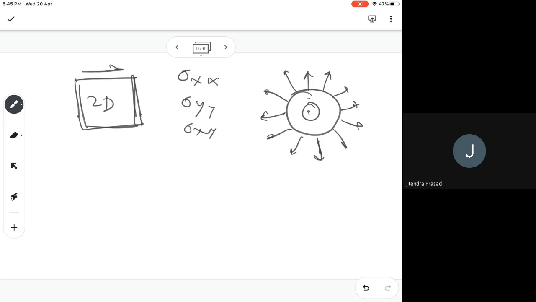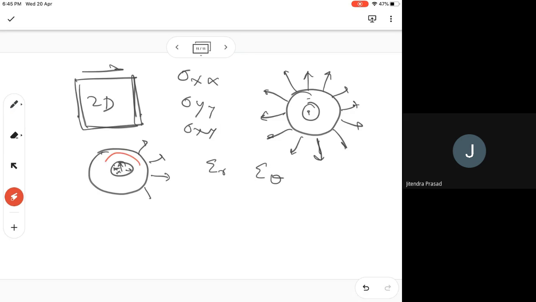Meaning that in an axisymmetric problem, you will get stresses, which will be the forces applied on the circumference like this one, and hence you will see that there will be two kinds of strains only. One will be in the radial direction, what you call epsilon r, and another in the circumferential direction, right?